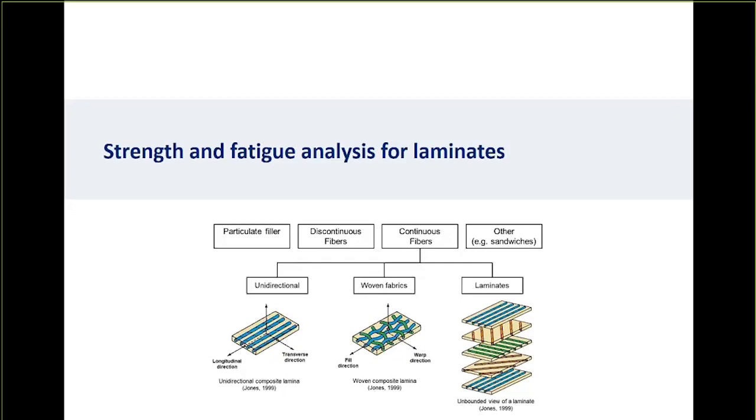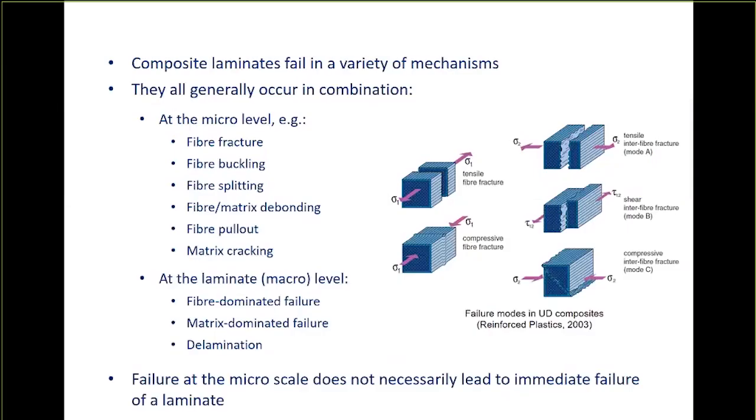Okay, so that's a little bit about testing. Let's now have a look at some of the analytical methods that we have for dealing with strength and fatigue of composite laminates. As I mentioned before, composite laminates can fail in a variety of mechanisms, generally involving a combination of one or more of the following.